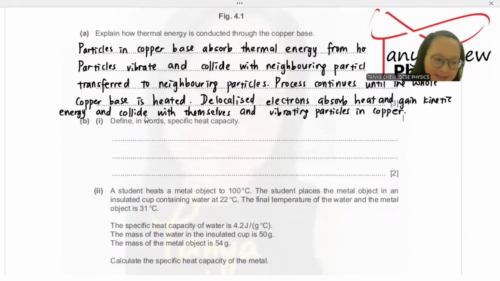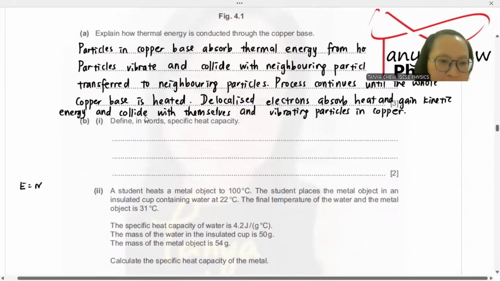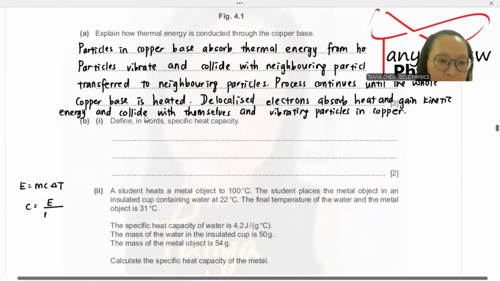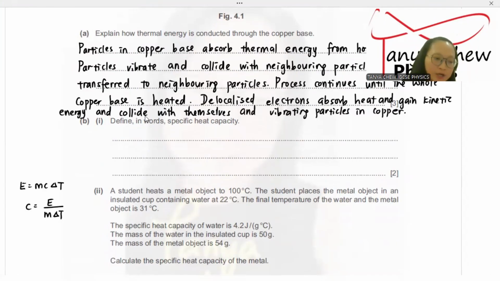So specific heat capacity, if you don't remember how to define it, I will always write down the formula first. E equals mc, change in temperature. C is the specific heat capacity, is the energy divided by mass times the change in temperature.